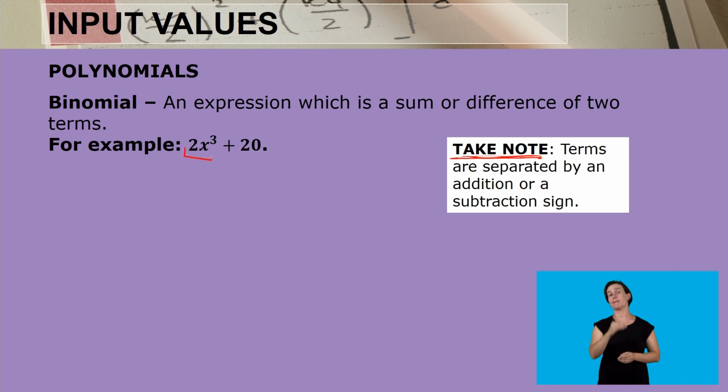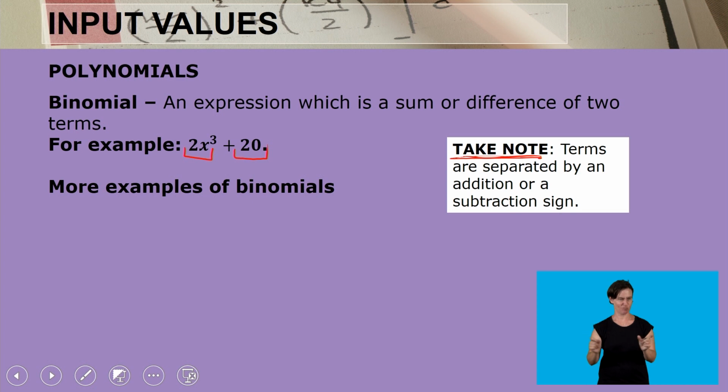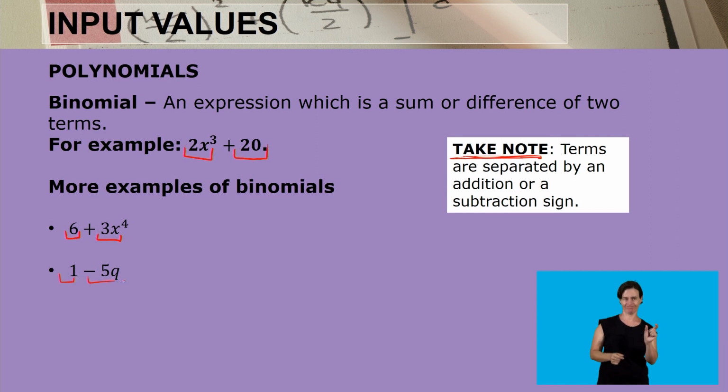The 2x cubed is one term and the 20 is another term. Let's see more examples of binomials. We have 6 plus 3x exponent 4. Those are 2 terms. We have 1 minus 5q. Those, of course, are 2 terms.